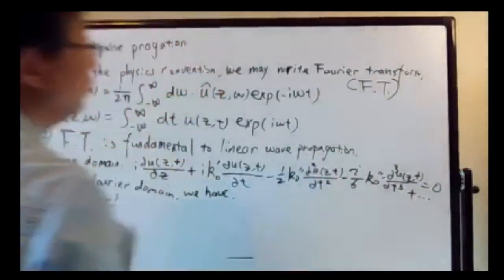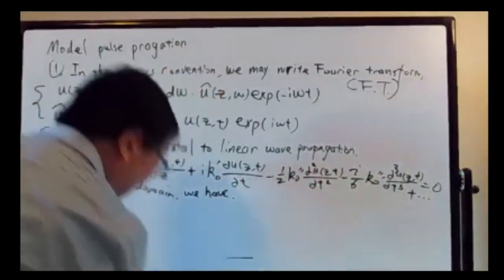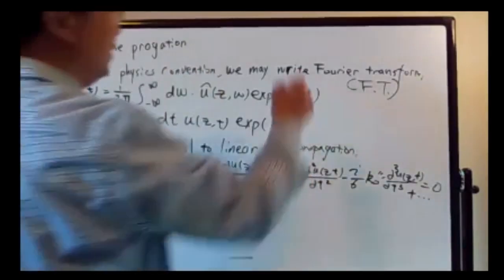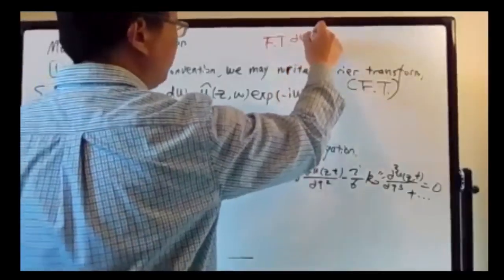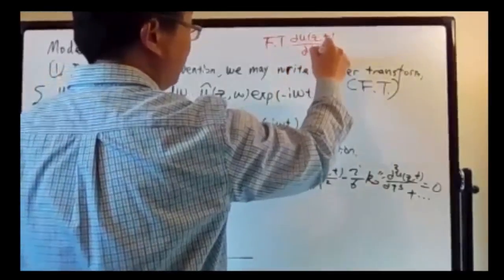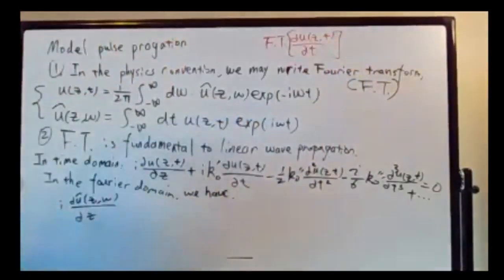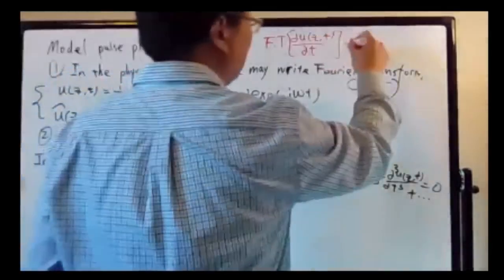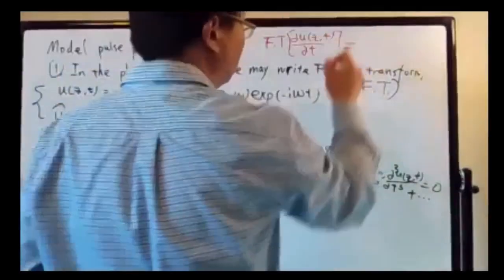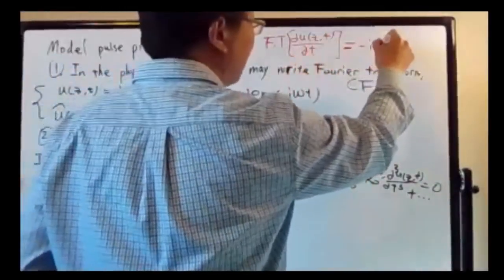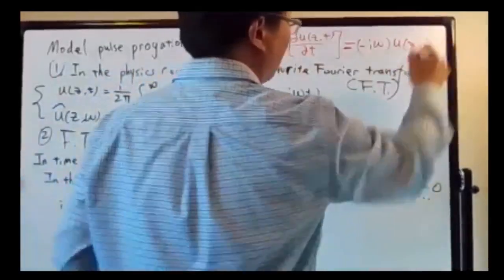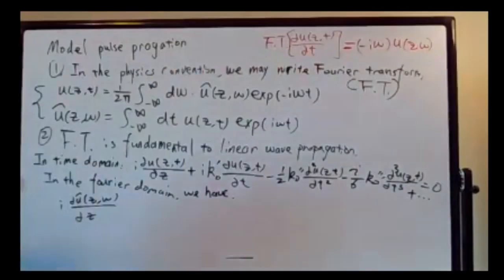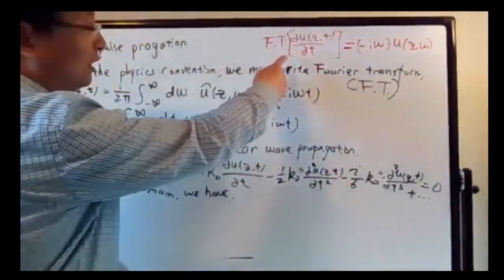And one thing we recall: if you look up your previous notes, the Fourier transform of partial u(z,t) over partial t is negative iω û(z,ω).